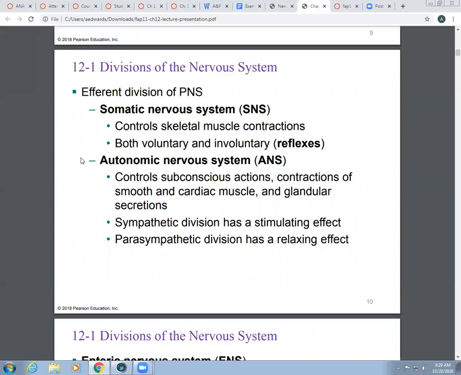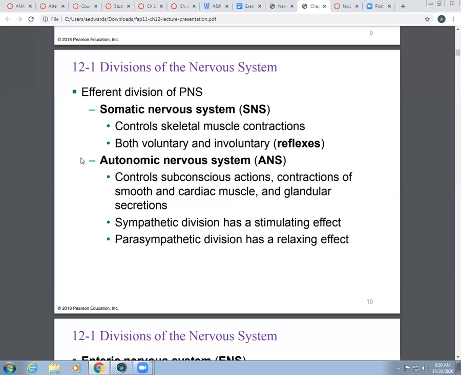So your somatic nervous system is basically things not necessarily all conscious, because there are some involuntary functions like reflexes that are in the somatic nervous system, but a lot of it is voluntary, hence skeletal muscle contractions. Okay. The autonomic nervous system handles things that are more subconscious, things that you're not really thinking about.